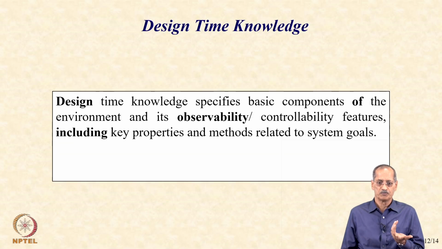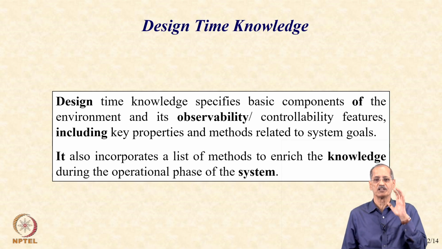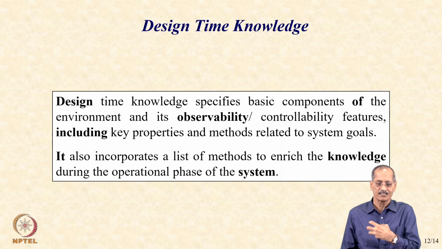Design time knowledge specifies basic components of the environment, observability, and key properties and methods related to system goals. It also incorporates a list of methods to enrich the knowledge during the operational phase of the system. So, at the time of design, you put in some basic understanding, and you also put in the system a way by which it can update the knowledge. There will be an update mechanism available, so that as it operates, it can update the knowledge based on what it learns.